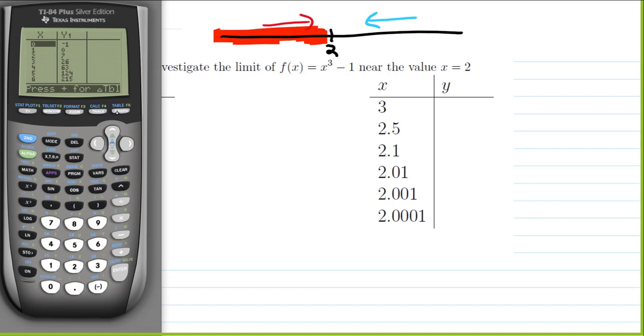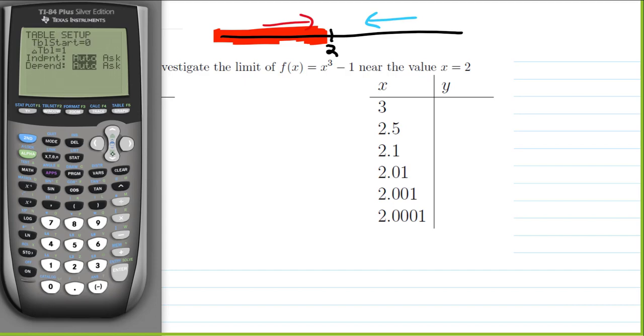But we also have another option that we can do with the table, which helps us evaluate a whole bunch of points very quickly. So to change our view, we need to go to our table set. Table set is the secondary function on the window key right here on our graphing device. So we go second and window.